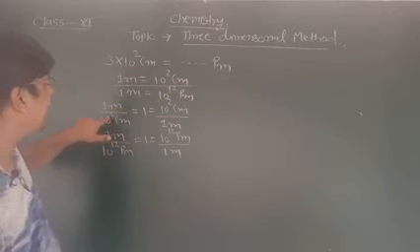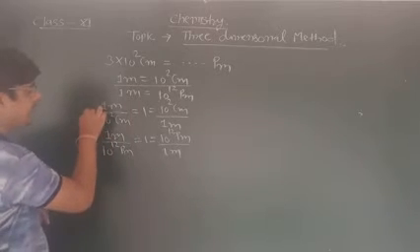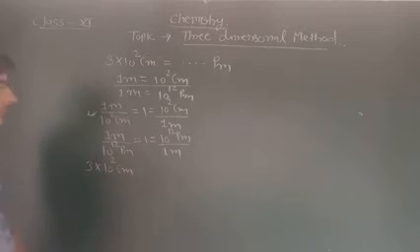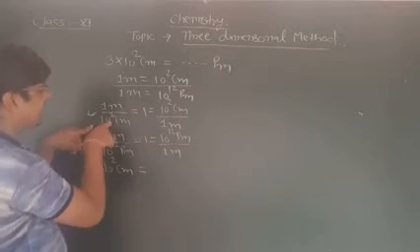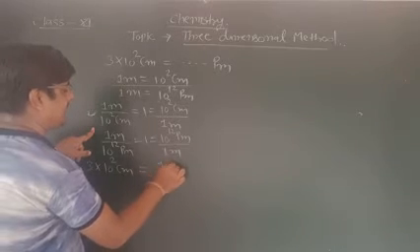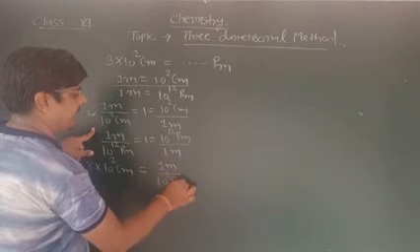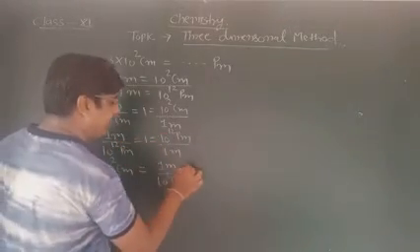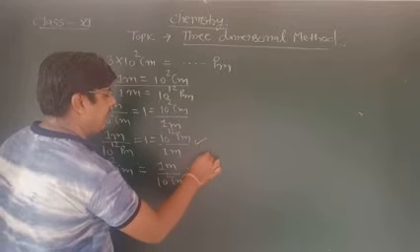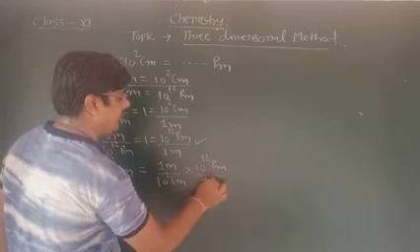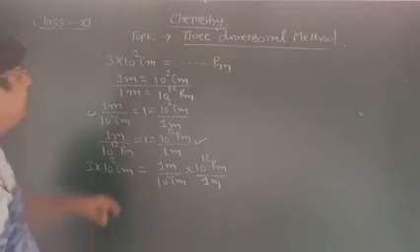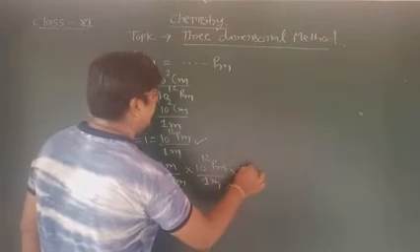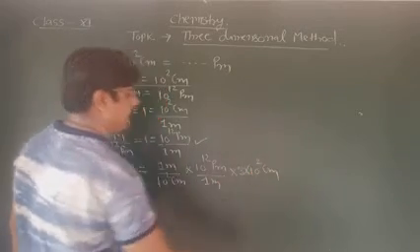First I convert centimeter into meter, so take this. 3 into 10 to the power 2 centimeter will be equal to, first convert it into meter, 1 meter upon 10 to the power 2 centimeter, then convert meter into picometer, so multiply it by 10 to the power 12 picometer upon 1 meter, and multiply by the 3 into 10 to the power 2 centimeter present here.